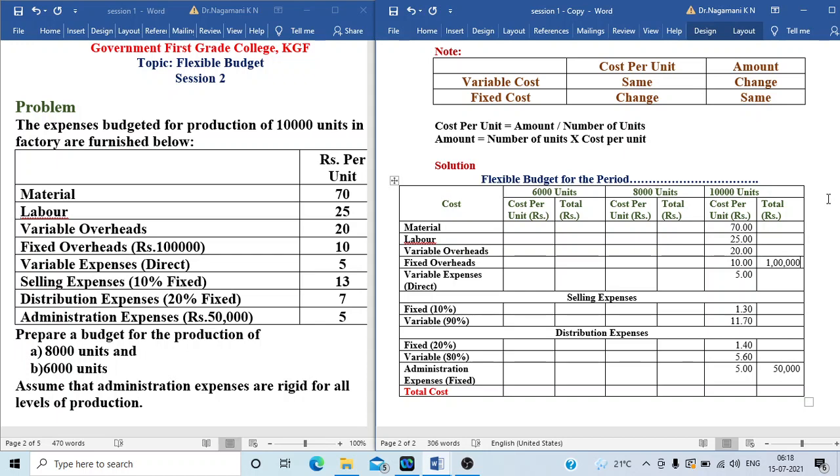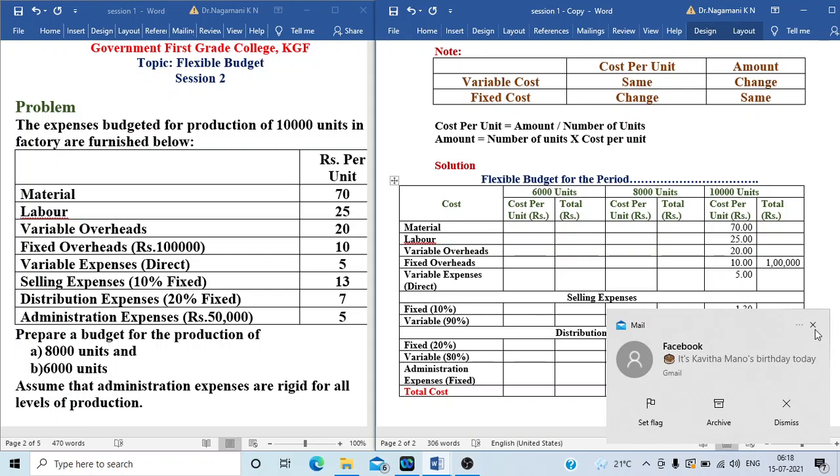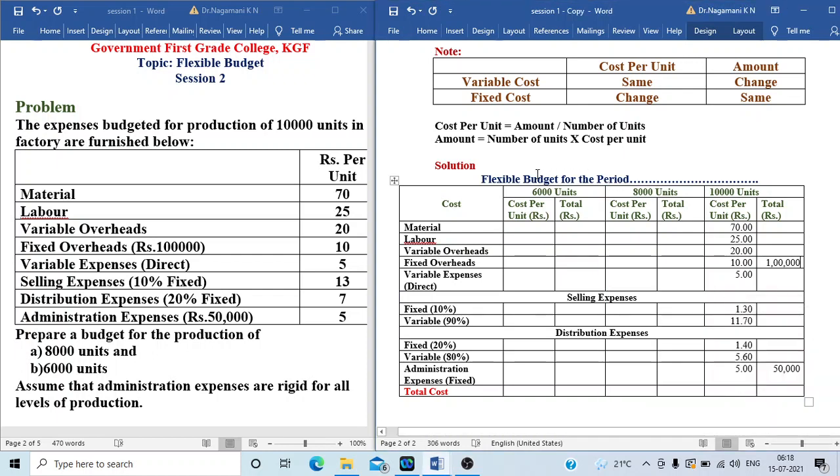First, amount column for 10,000 units, we are going to calculate. What is the formula for calculating the amount? Number of units into cost per unit. Number of units is here 10,000 and cost per unit already we have entered. Now 10,000 into 70 is 7 lakh.